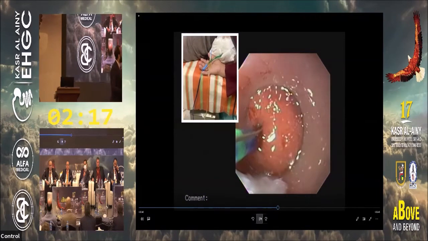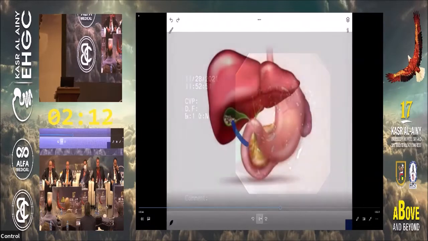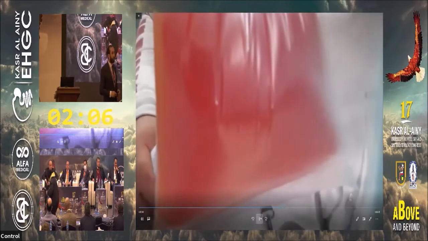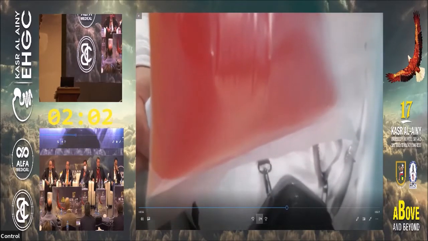I think it's clear. So the fistula tract was between the antrum and the gallbladder bed, and this explains the color of the drain and also the color of that fluid in the drain.